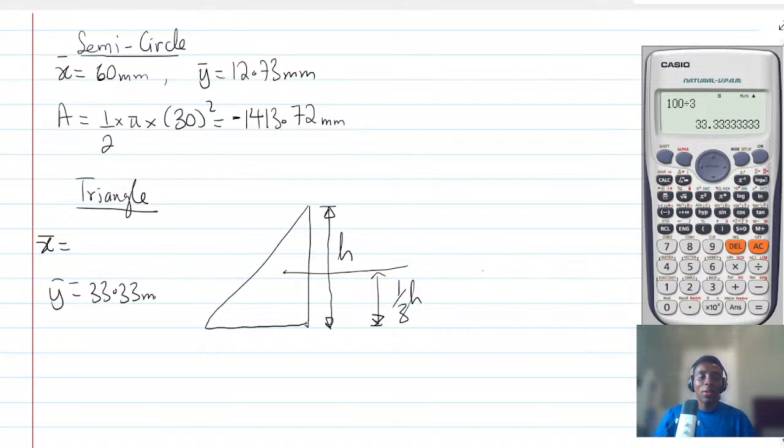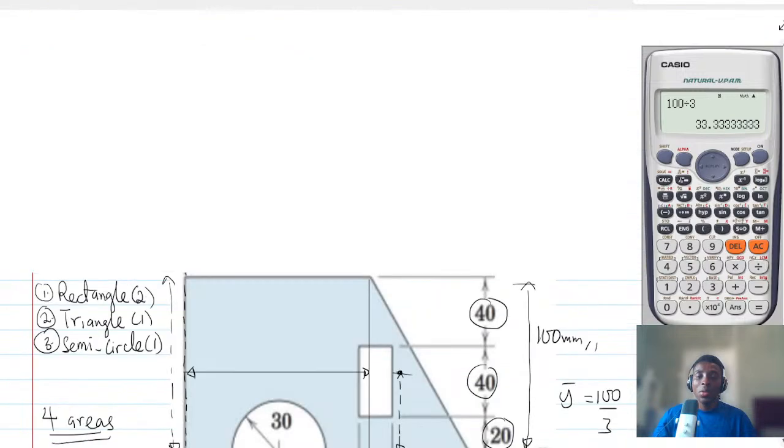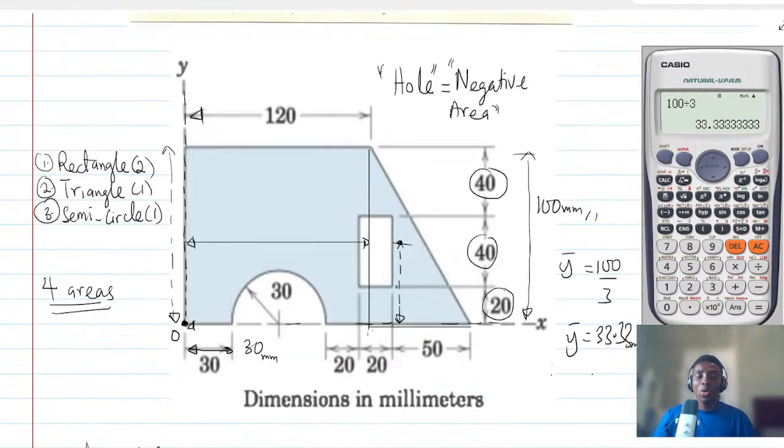But then let's look at the x bar. The x bar is also going to be the same thing, but we will have to first of all do 120 plus 1/3 of 120, and then we will also have to calculate that distance here.